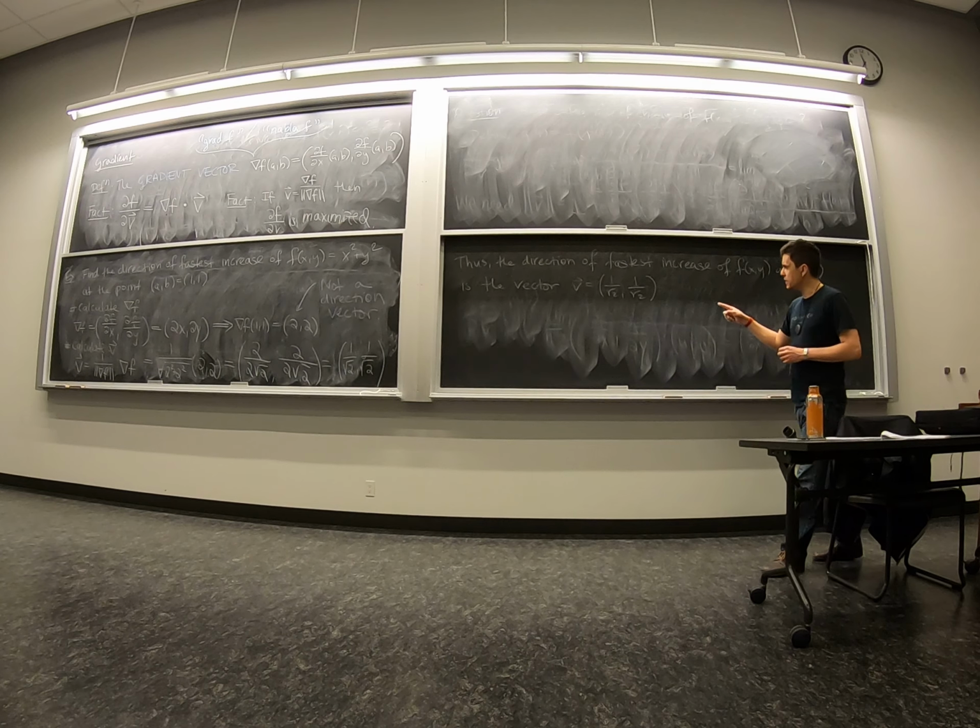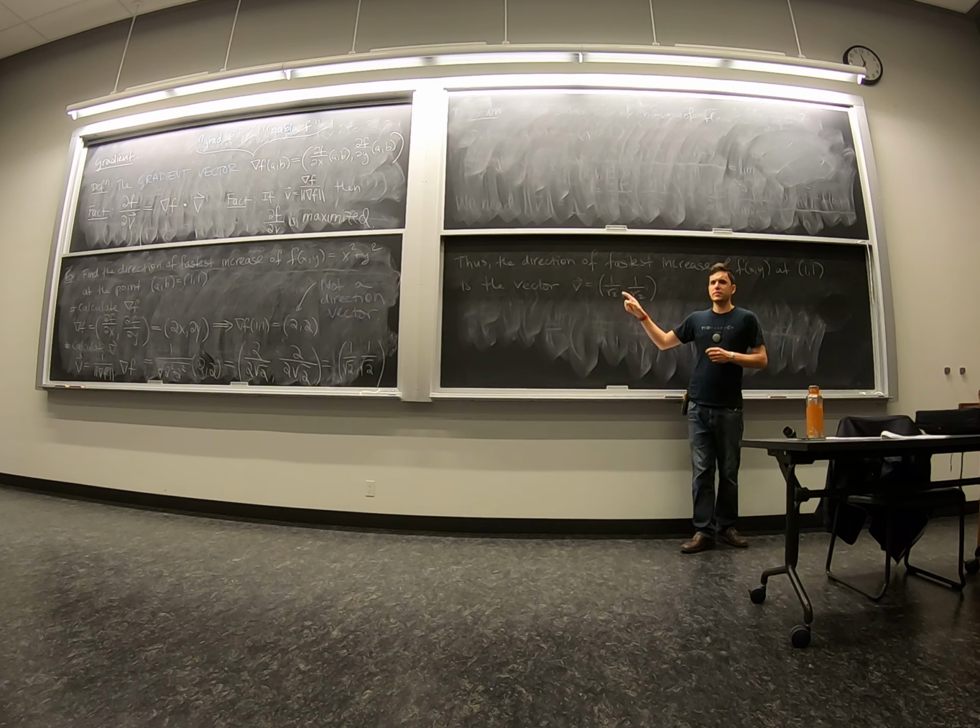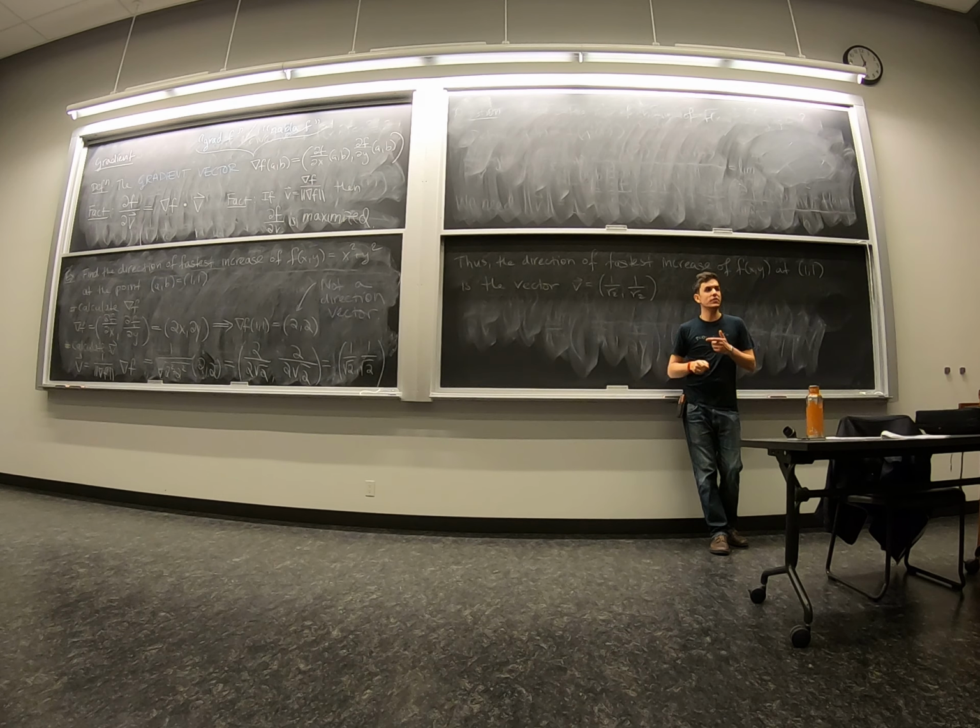For the direction that we were picking, we noted that the derivative in this direction is bigger than the derivative in the x direction, bigger than the derivative in the y direction. In fact, it's bigger than the derivative in any other direction. This is the unique maximal derivative.